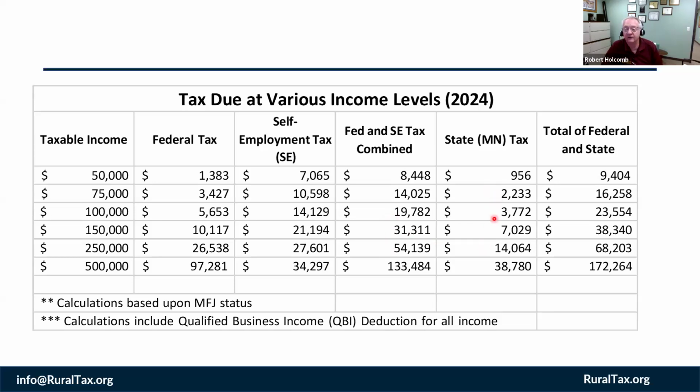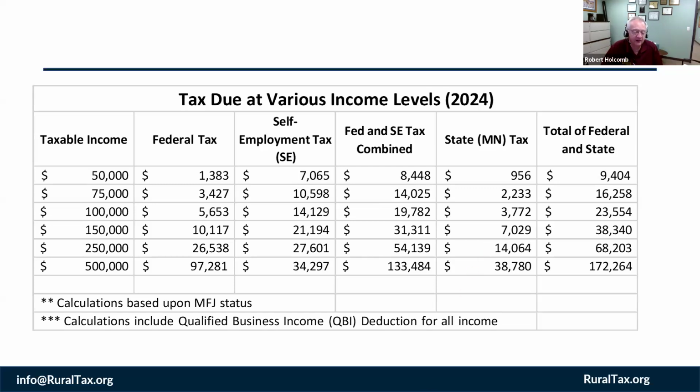I also calculated for Minnesota, so I've got the total here. If you're not a Minnesota resident, the column you want to look at is this one here. And if you have a state other than Minnesota, you can probably eyeball it. Minnesota tends to be one of the higher tax states around, but we're not the highest, and we're certainly not the lowest.